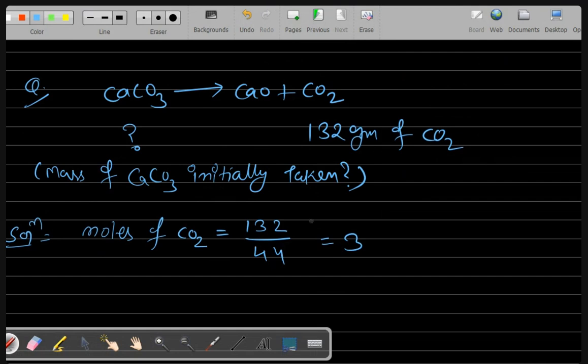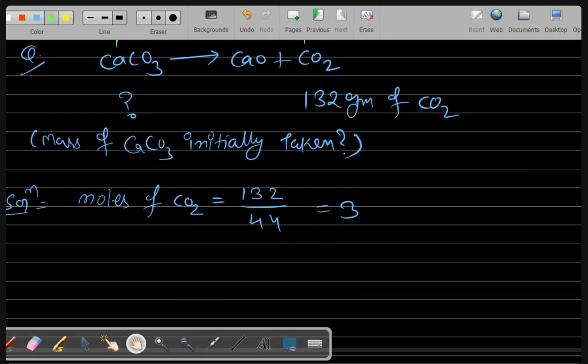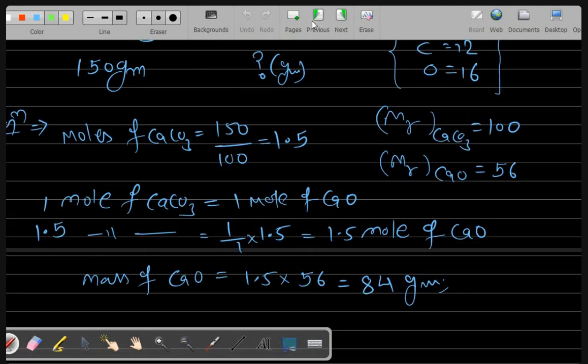Now the comparison is 1:1. Is the ratio always 1:1? No, it depends on the given equation.